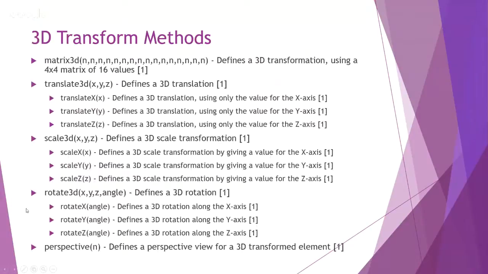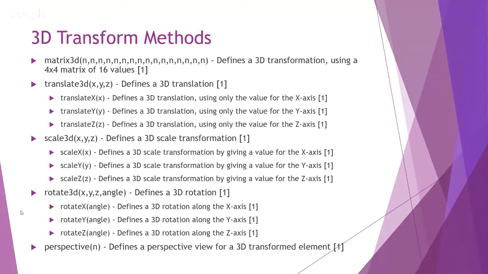There's the 3D transform methods. There's also a matrix3d, which takes a set of 16 parameters. They're all numerical parameters that are used to specify the transformation. There's translate3d, which takes X, Y, and Z, which translates along the X, Y, and Z axis. And then there's scale3d, which is again X, Y, and Z axis.